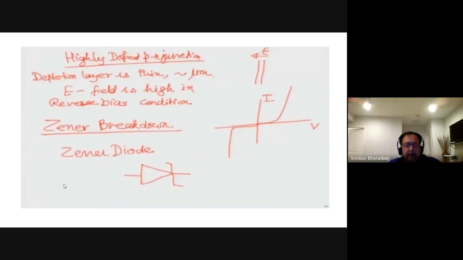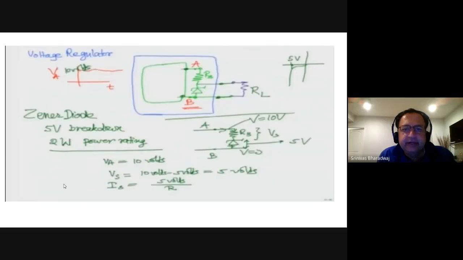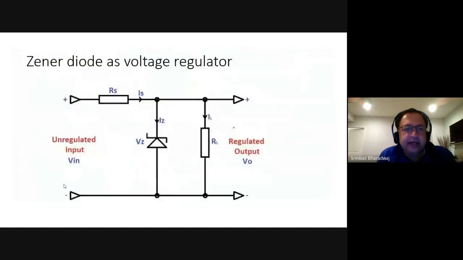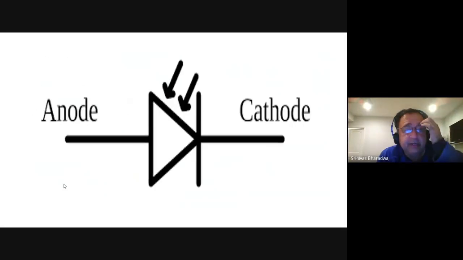So today I am going to stop a few minutes early, so that you guys can try to understand a little bit about this Zener diode, and then we will continue the discussion with the Zener diode next class. Okay, and we will then discuss how voltage regulators are built, and photodiodes as well, where light is shined on a diode and it then conducts.